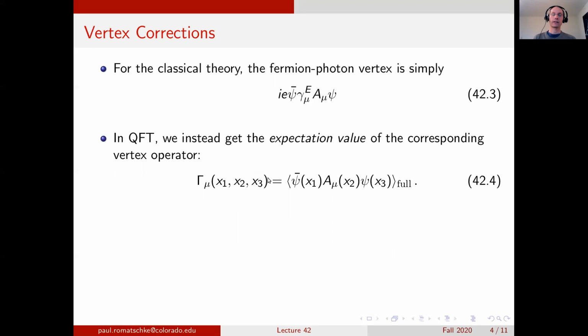In our case, that operator is called a vertex operator because it's a vertex between the three legs, the psi bar, the psi, and the A. So it has in principle 3 coordinates, x1, x2, and x3, corresponding to the locations of the operators psi bar, A, and psi. And that expectation value is calculated in the full theory, giving rise to the full fermion photon vertex, gamma mu.